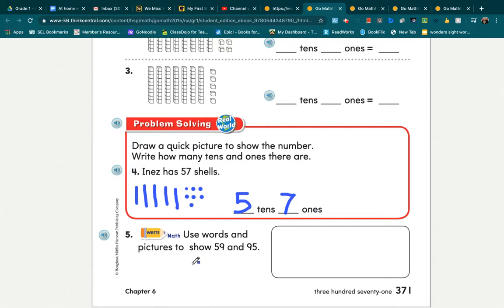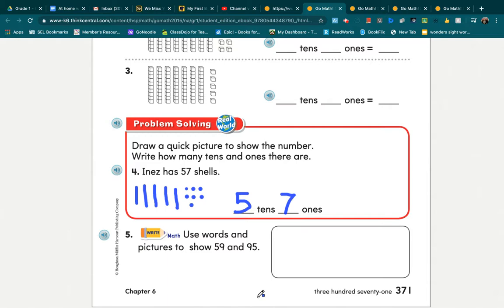Down here it says use words and pictures to show 59 and 95. So they want you to draw a quick picture for 59 and for 95. I want you to only focus on one number at a time. Don't try to do them both at the same time. That's too confusing.